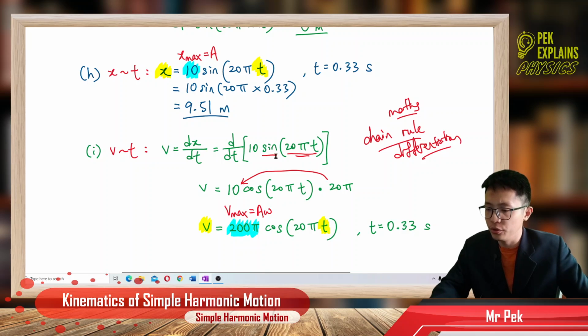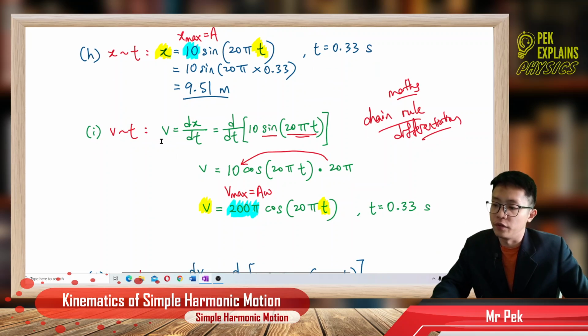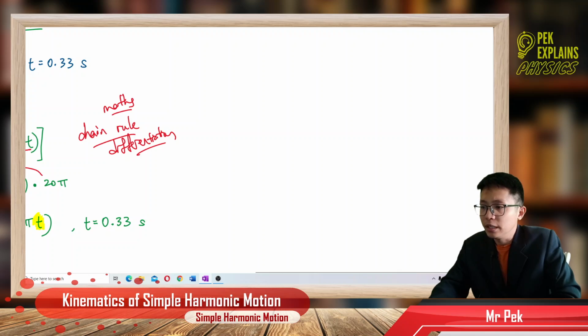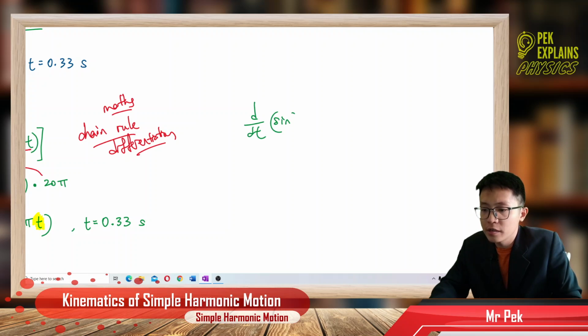Here I can show you how to differentiate. To get the velocity from the displacement equation, we differentiate. First, we differentiate outside, then we differentiate inside. Now you differentiate 10, 10 is still 10, and then you differentiate sine, you get cos. If I differentiate the sine, I get cos.